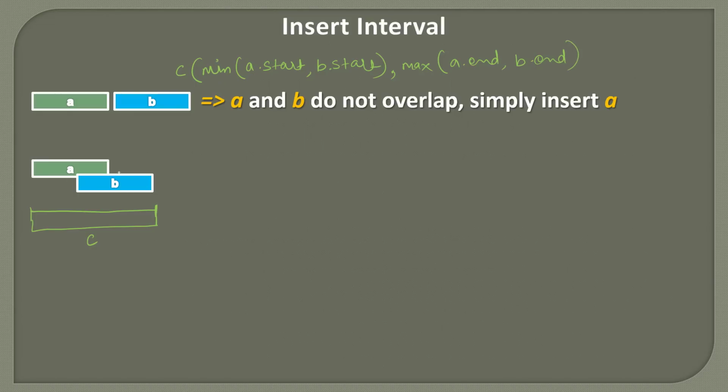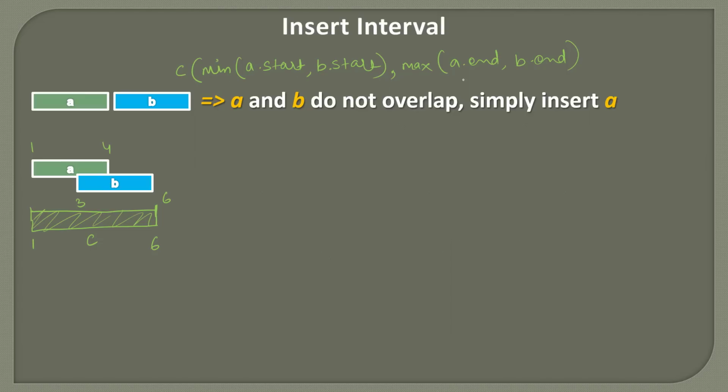So here you can see, let's say we give it values 1, 4 and 3, 6. We know that when we merge these two intervals, the minimum of 3 and 1, so C's start will become 1, and the maximum of 4 and 6 will be 6. We know that the area of this merging will be 1, 6 because we have to accommodate both the intervals.